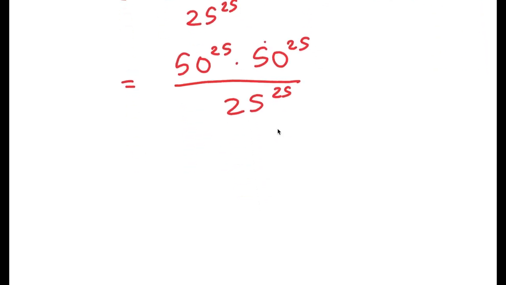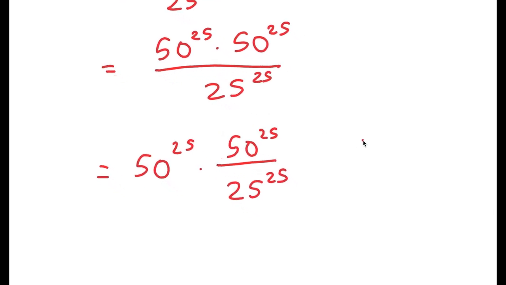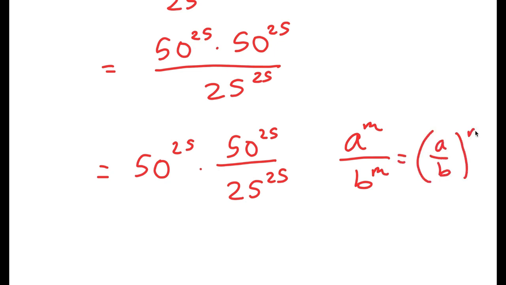Now from here, I'm going to rewrite this as 50 to the power of 25 times 50 to the power of 25 over 25 to the power of 25. And now I can use another property that states that if I have something in the form a to the power of m over b to the power of m, this is equal to a over b to the power of m.